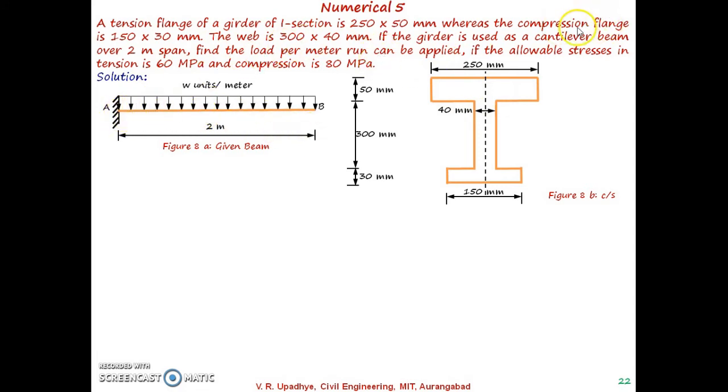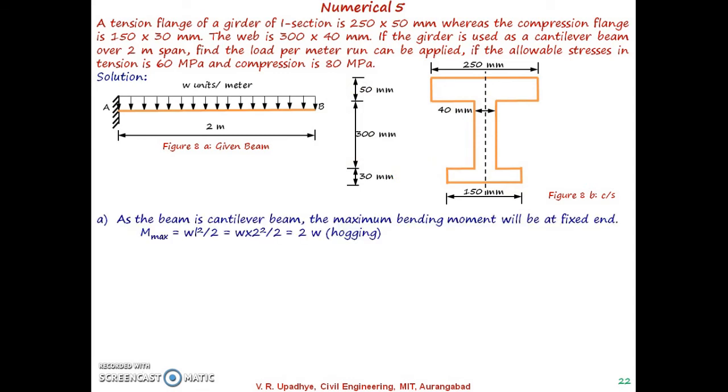So the compression flange 150 by 30 mm will be at bottom. So that is drawn over here. While drawing this cross section, you need to take care about whatever the statement in the numerical says. That's all. And it is said that the web is 300 by 40 mm. So it is as it is, whatsoever the position is.